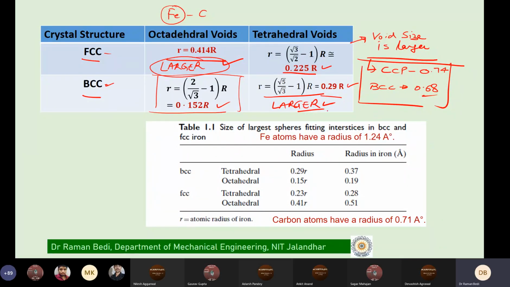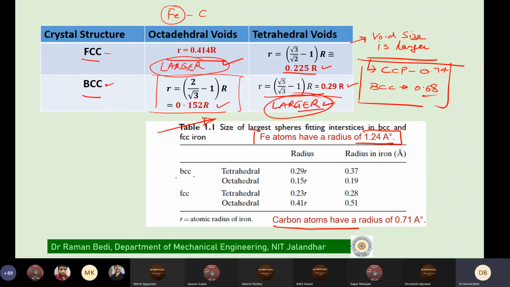Octahedral voids are larger in FCC, and in the case of BCC, we have the tetrahedral voids which are larger. The table, if you look at it here, is now telling me some data in terms of values. So I have added one piece of information here. The radius of the Fe atoms I've just added is 1.24 angstroms, and the carbon atoms have a radius of 0.71 angstroms.